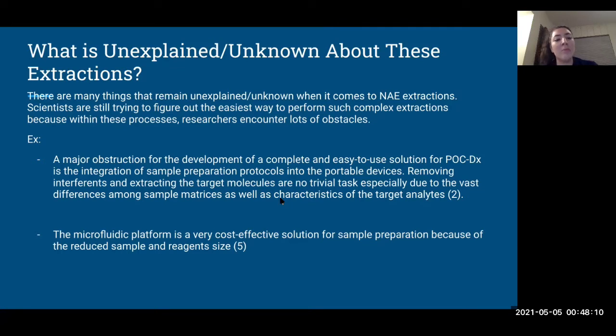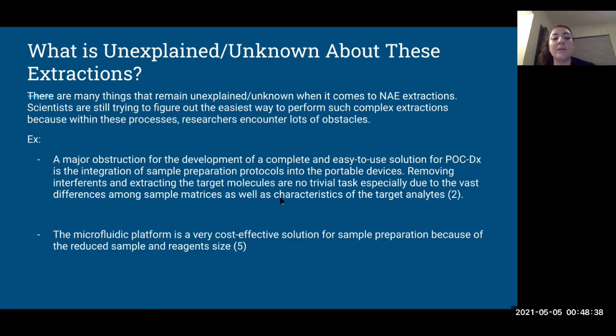As an example, a major obstruction for the development of an easy-to-use solution for the point of care process is the integration of sample preparation protocols into portable devices. Removing these interferences and extracting the target molecules are no trivial task, especially due to the vast differences among sample matrices as well as characteristics of the target analyte.